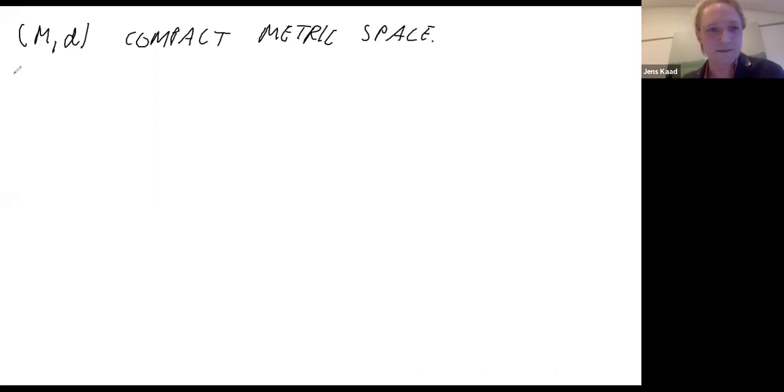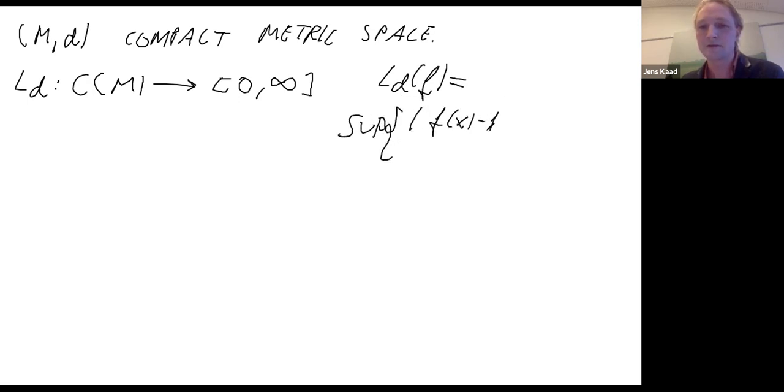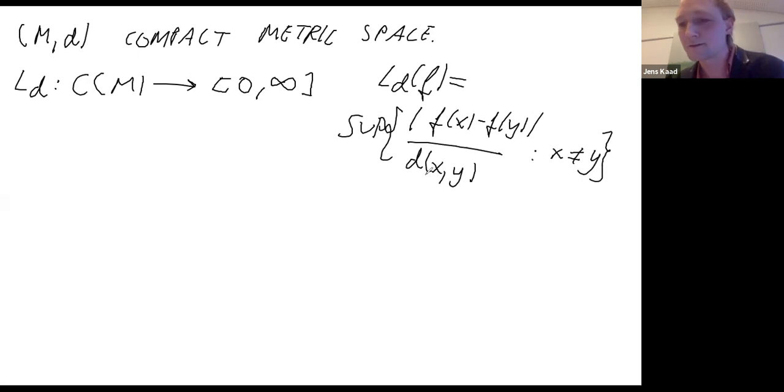Then I can define a Lipschitz seminorm on the continuous functions, C(M), on this compact metric space. It's just going to pick up the Lipschitz constant once this is defined, otherwise it's equal to infinity. So L_D of f is the supremum over the difference f(x) minus f(y), divided by the distance between x and y. And of course I only look at x and y that are different, otherwise I cannot divide by the distance. This is my Lipschitz seminorm.